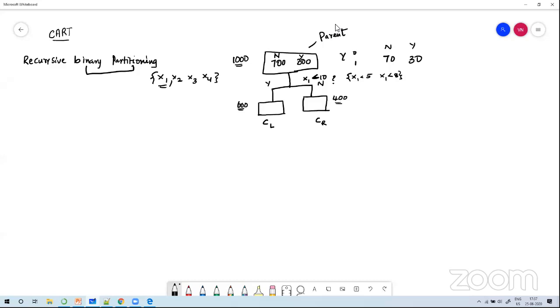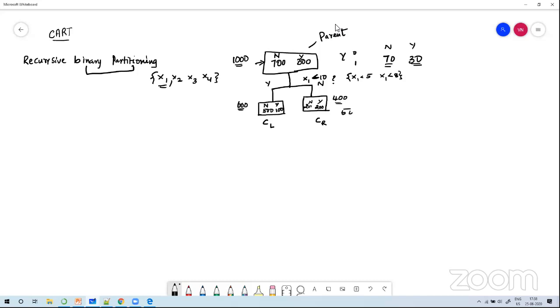We will answer that. Now, out of the 600 observations that we got here, let's say 100 observations belong to yes and 500 observations belong to no. Out of the 400 observations that we got here, let's say 200 observations belong to yes and 200 observations belong to no. Look at the proportions at the parent node, 70-30.